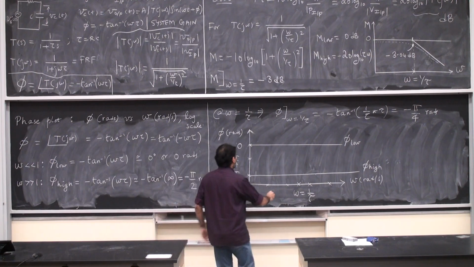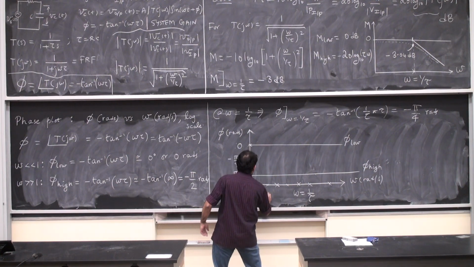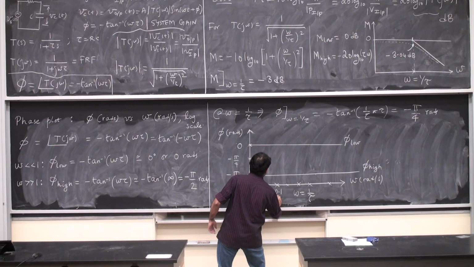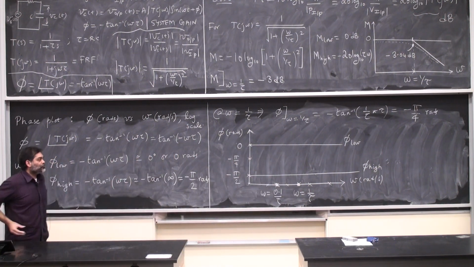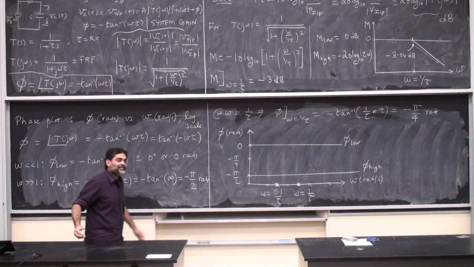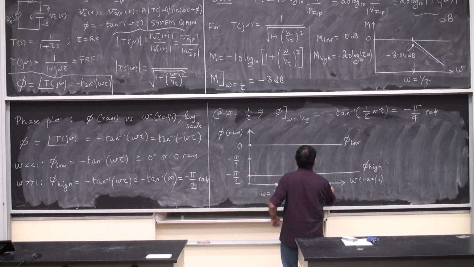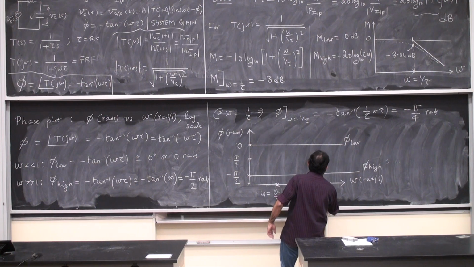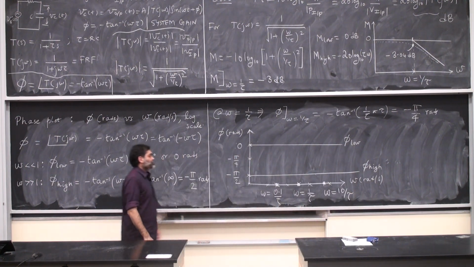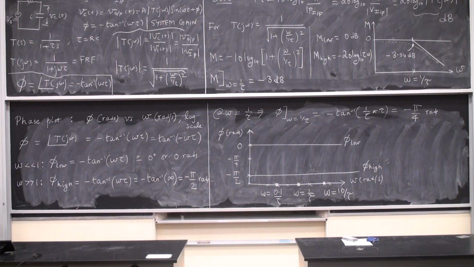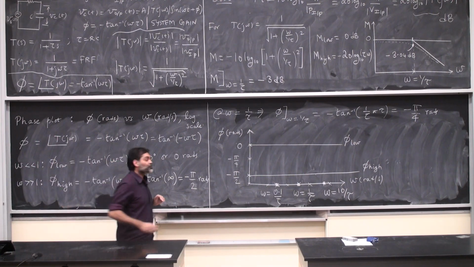So 1 decade before this is omega equal to 0.1 by tau. And 1 decade after the corner frequency 1 by tau is omega equal to 10 by tau, 10 times. Then you draw a vertical line from the lower end of the spectrum, omega equal to 0.1 by tau, intersected all the way to the low frequency asymptote.